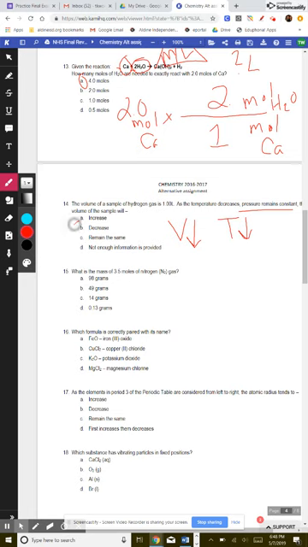And we saw that in the lab where I put a balloon on top of a flask and I heated up the water in the flask and it made the balloon expand. And then I took the flask and I submerged it in cold water and the balloon got sucked into the flask. That was because the volume of the gas decreased.